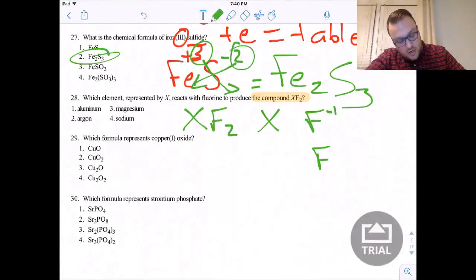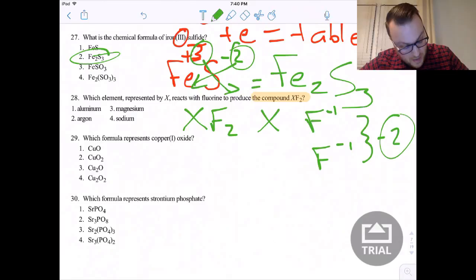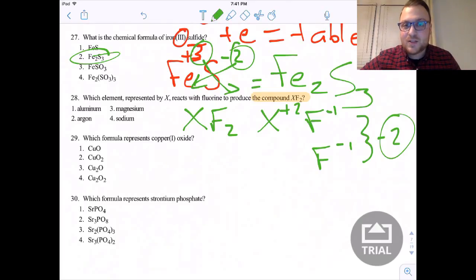So that's a total of -2. Well, based on my formula, I have 1x. Don't change your formula to try to make it correct and easier for you to solve. I see 1x trying to cancel out a -2 charge. My x better be +2. So I got to go back, look at my answer choices, and pick an element that's charged +2, which in this case is magnesium.